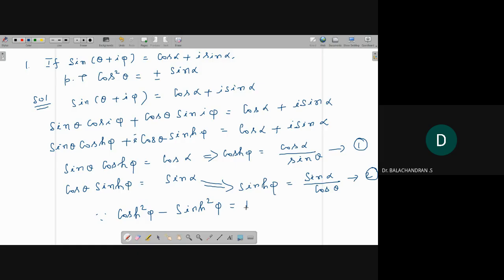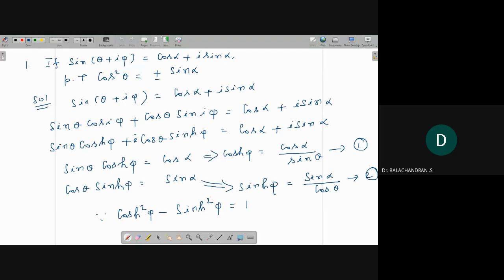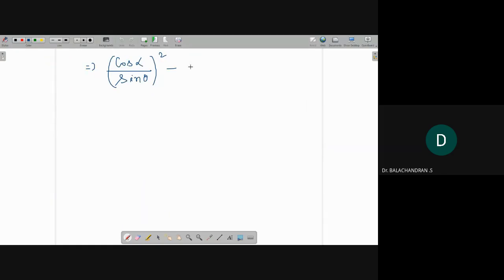What is cosh square phi? It is cos alpha by sin theta whole square. The next step, this implies cos alpha divided by sin theta whole square minus sinh phi, which is sin alpha by cos theta whole square, is equal to 1.